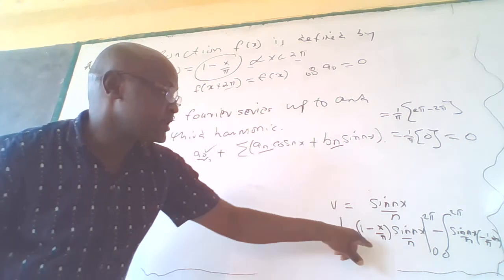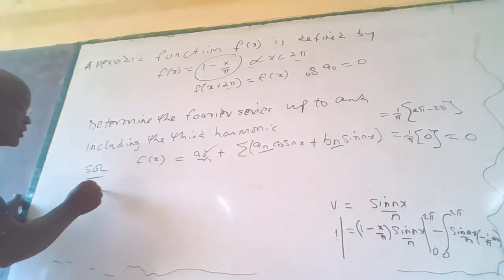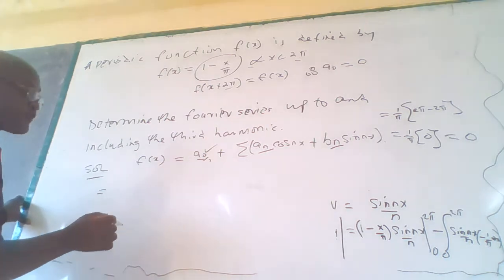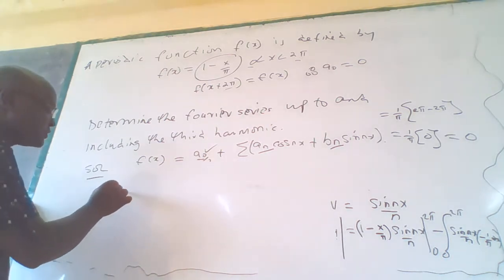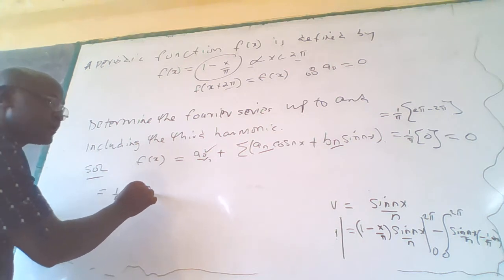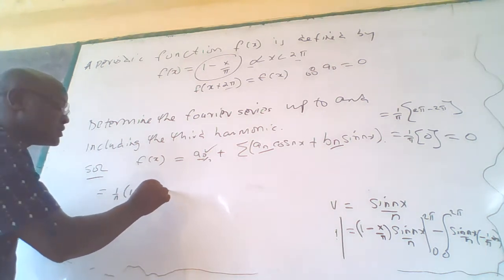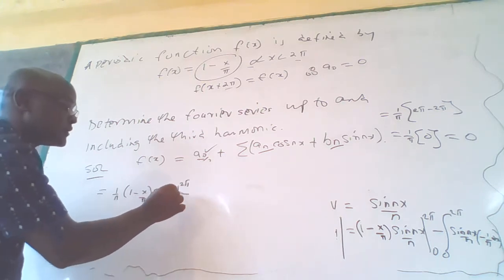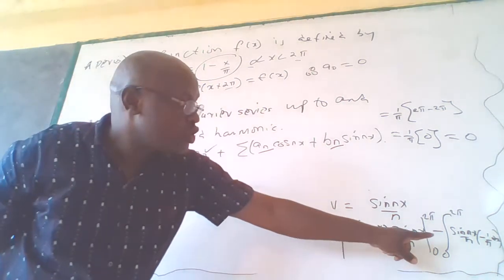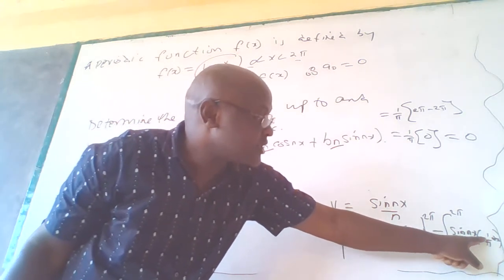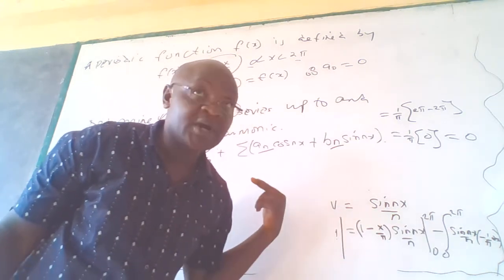Now we are still here, so we have equals to, you can rearrange this one, 1 over n in 1 minus x over pi sine nx minus. So from here you can see that we have constants. We shall take negative to come out.